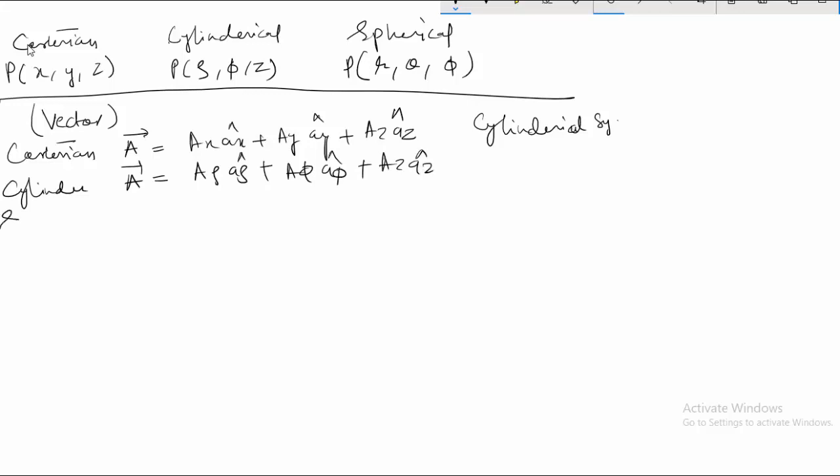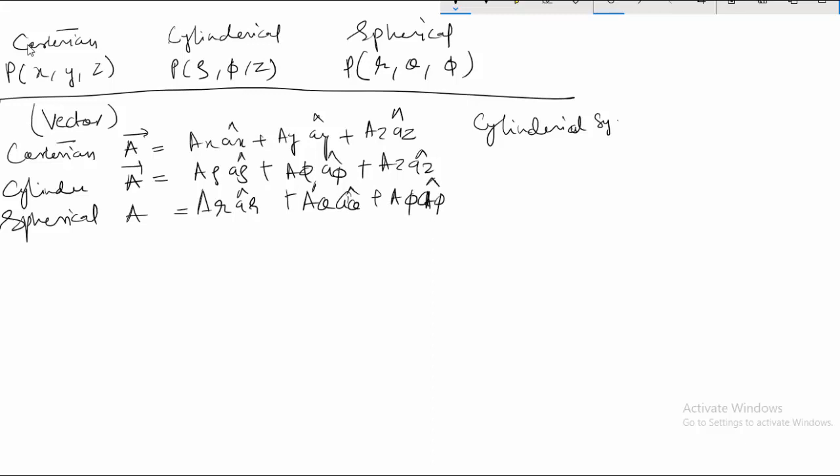And in spherical, if you know the three components, the same vector can be written as Ar ar plus A theta a theta plus A phi a phi.